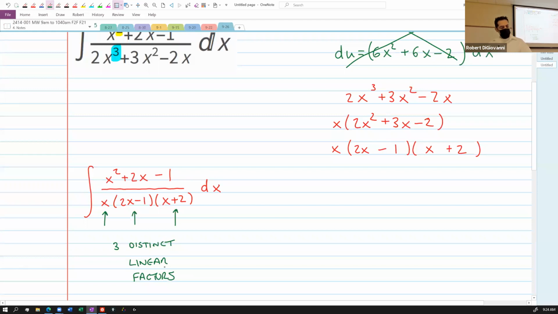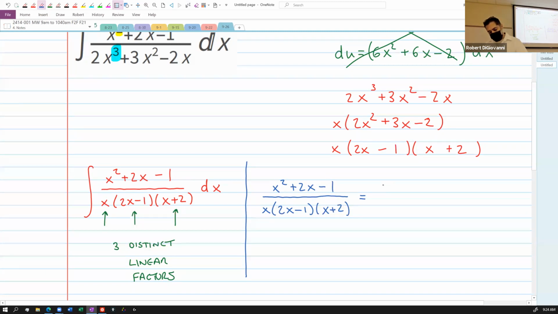And so that means as I go to start doing my partial fraction decomposition over here, this is a separate kind of step. I'm back in pre-cal or college algebra or whatever, and I'm doing partial fraction decomposition. What I know is that this should break down to be some number over each of these 3 distinct linear factors.